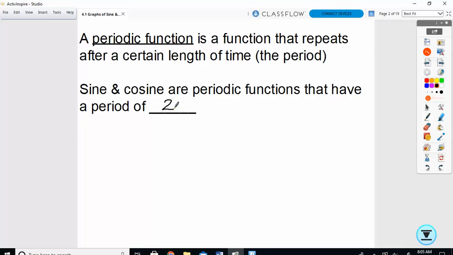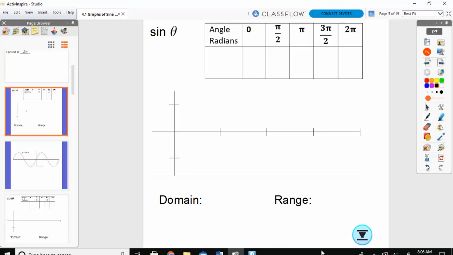So sine and cosine, the ones we're looking at today, are periodic because they keep repeating every time you go around a circle. So their period is 2 pi, because that's how long it takes before they repeat. So we'll do this on our handout, and that way you have one handout at the end of this that has all 6 of your graphs in one place, so it's easy to reference when you need to look back at something.